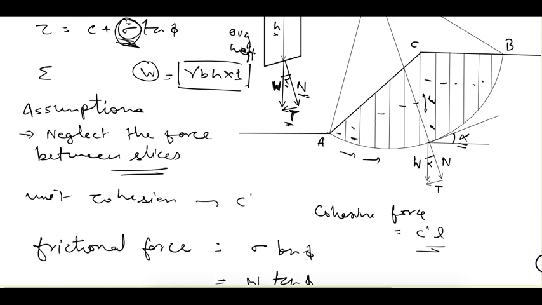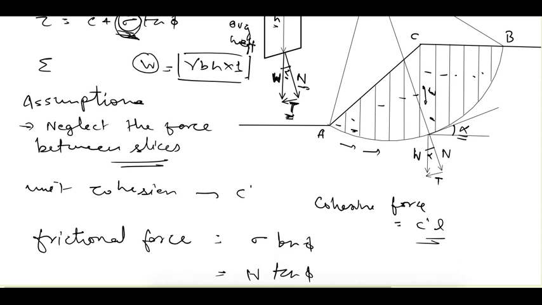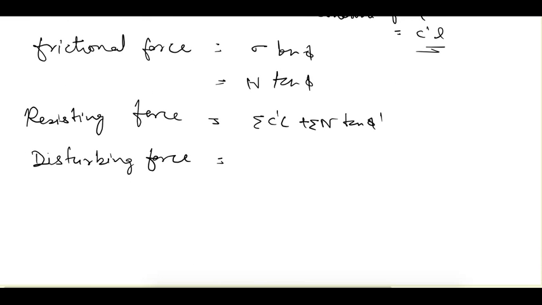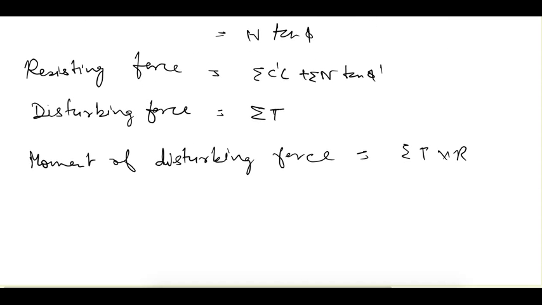The tangential component of the force is the disturbing force in all the slices. So the total disturbing force is the sum of T. Now we take the moments of these forces. The moment of the disturbing force is equal to sigma T into R, because it acts at the radius of the circle.